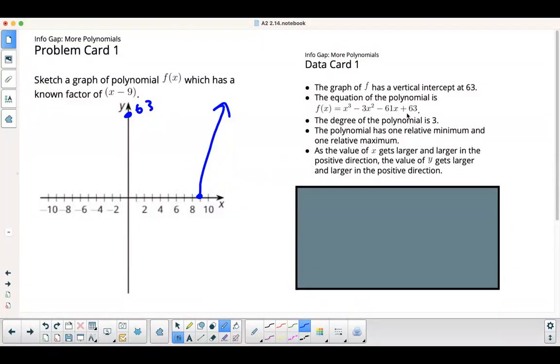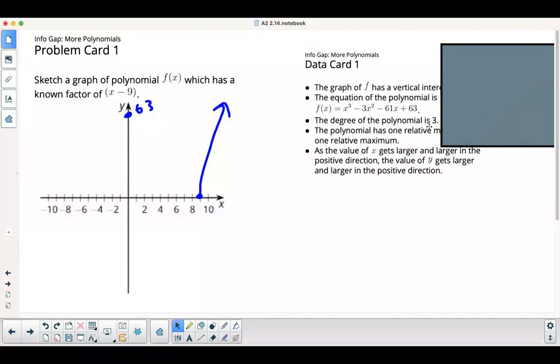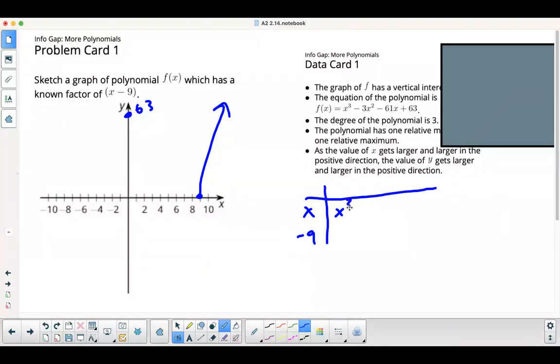So they give us this function here. It's not in factored form though. So what we could do is, now that we know this function and we know the factor, you could do long division, or you could make a box to get it factored down.